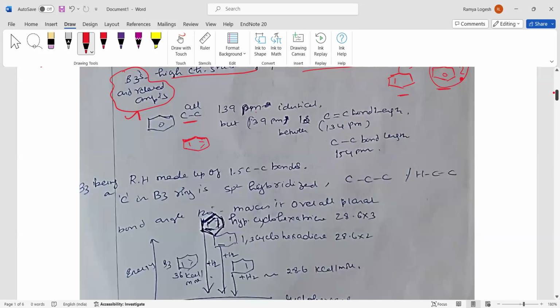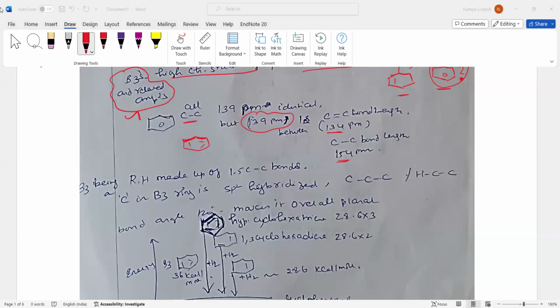I can see this 139 picometer is somewhere in between the carbon-carbon double bond distance and the single bond distance. The double bond length is 134 picometer, while a single bond is 154 picometer. But what I have right now is somewhere in between these two values. So we can understand some kind of overlap has happened between these carbons, which has led to this in-between value. How amazing is this? They have an identical bond length even though they have double bonds in some places and single bonds in others.